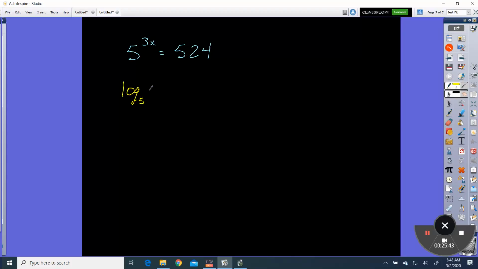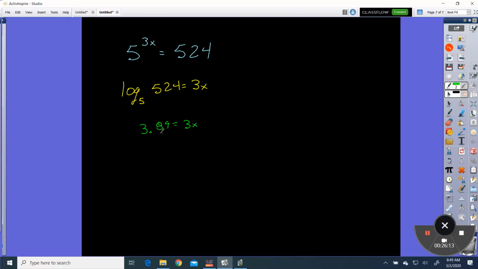What's the answer? And what's the power? Now on your calculator you can type this in and it's going to tell you what that is. Log 5 of 524 is 3.890. Is that right?